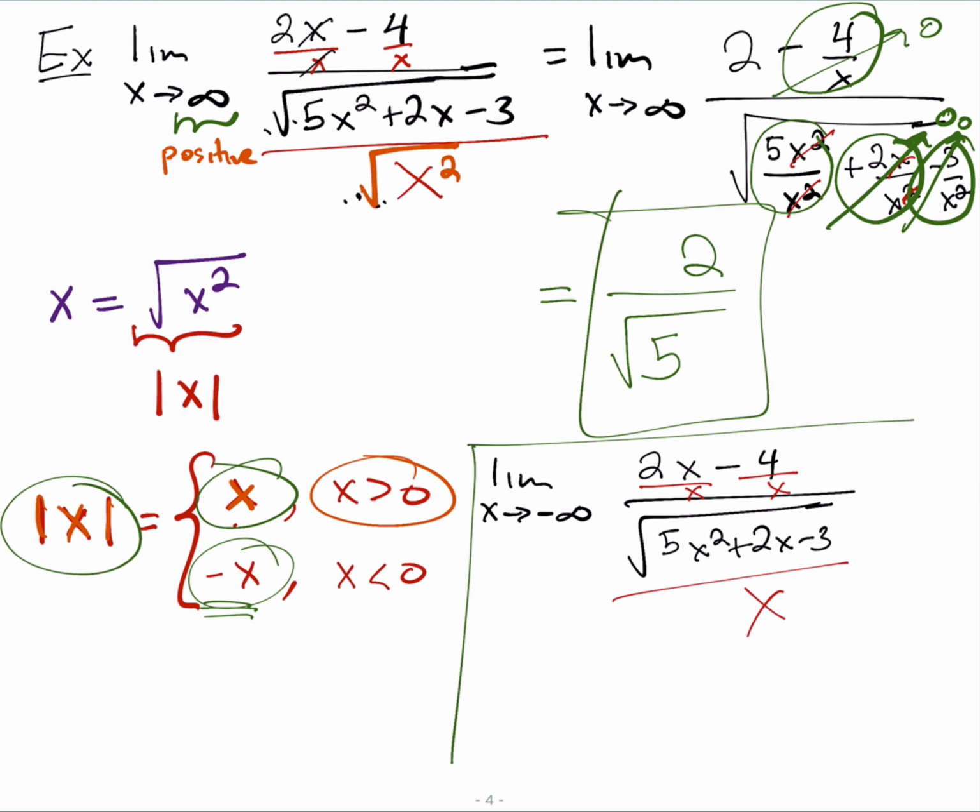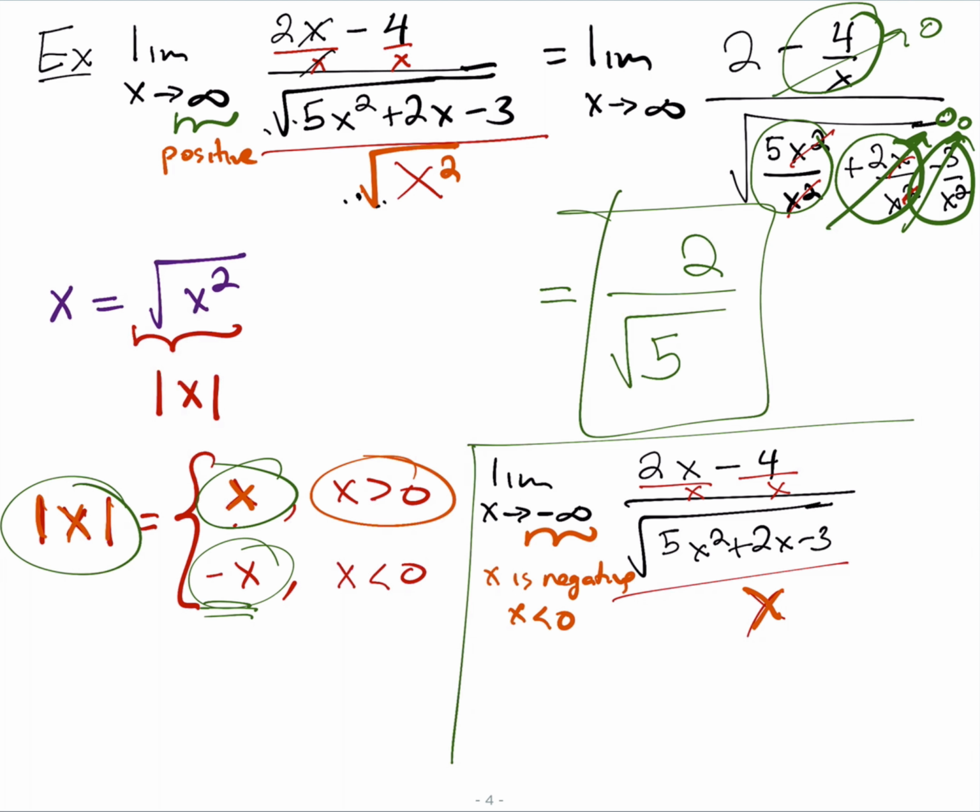Okay, so make sure that this makes sense here. Notice right here, x is going to negative infinity. That means x is negative. Do you guys agree with that? Or in other words, x is less than 0.